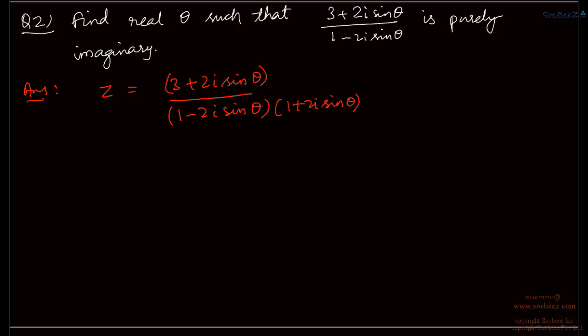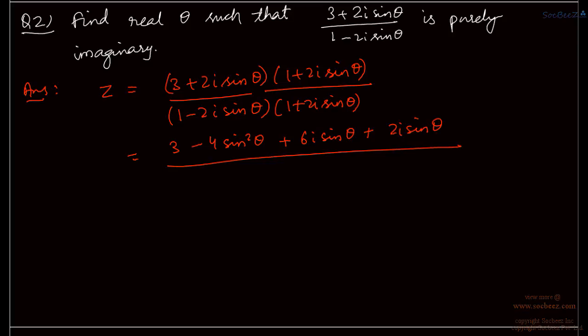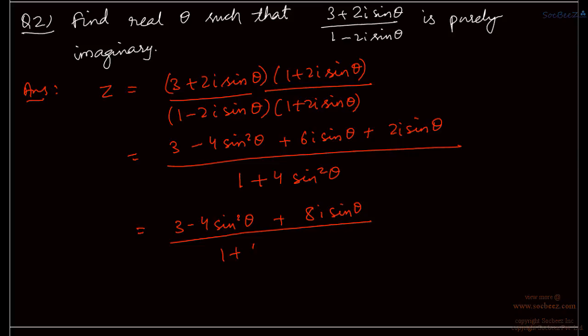So, how do we do that? We multiply it with its conjugate, which is 1 plus 2i sin theta, right? Now that gives us, expanding, we get 3 minus 4 sin squared theta plus 6i sin theta plus 2i sin theta by 1 plus 4 sin squared theta, which can further be written as 3 minus 4 sin squared theta plus 8i sin theta by 1 plus 4 sin squared theta.